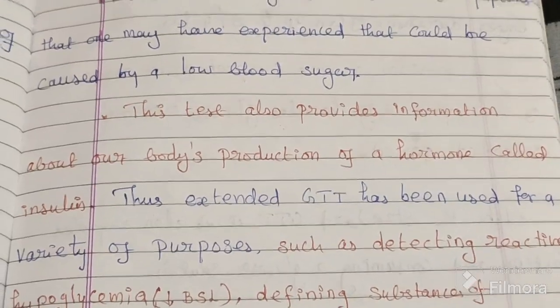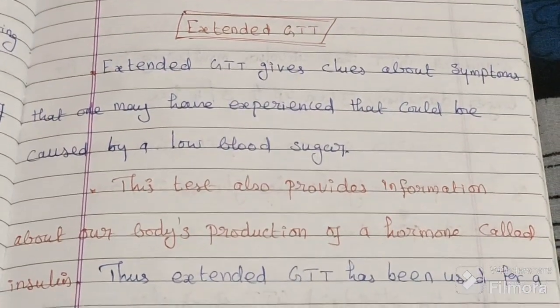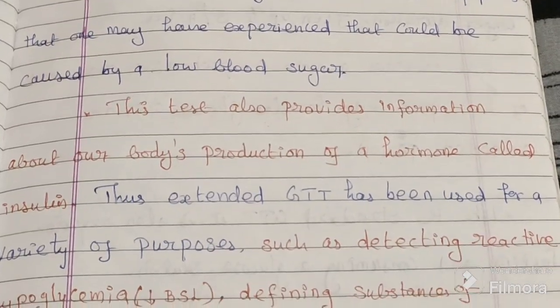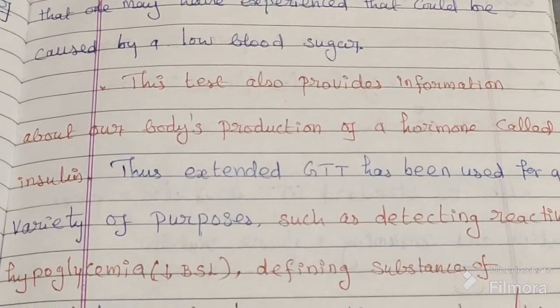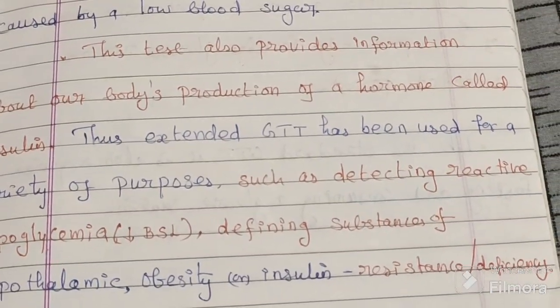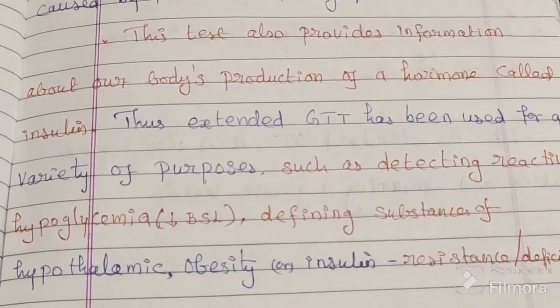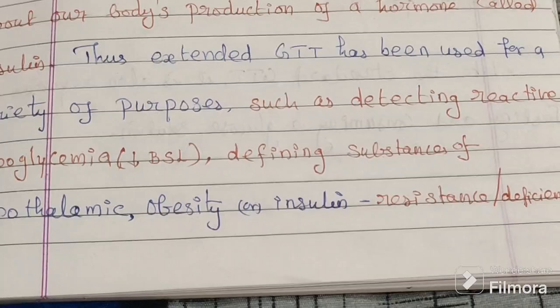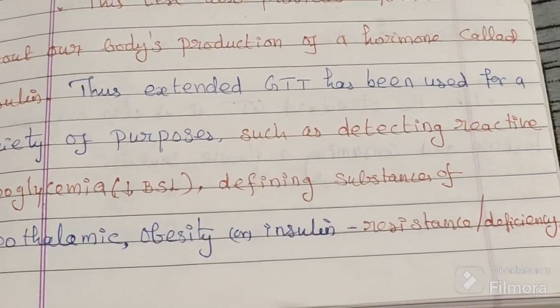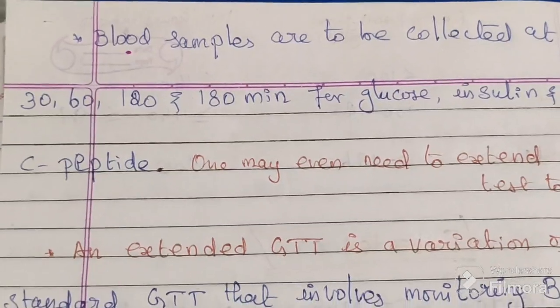So this extended glucose tolerance test provides information for our body producing hormone like insulin. Then detecting reactive hyperglycemia condition, then defining substances of hypothalamic, obesity, insulins.